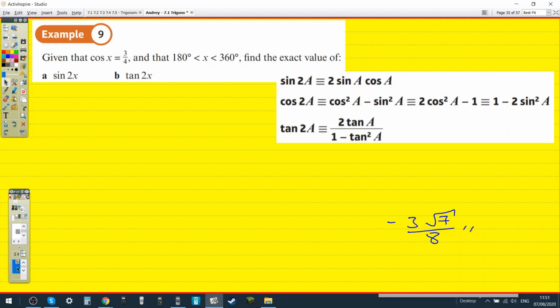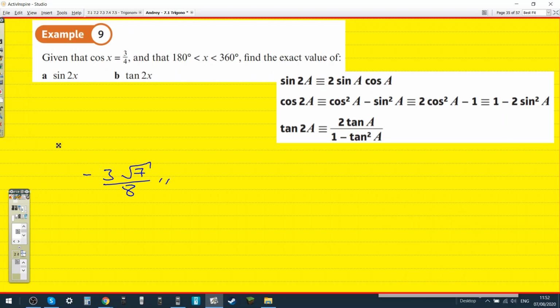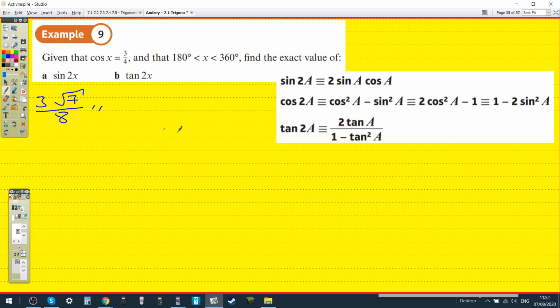No, didn't get lucky. It's actually crazy enough to work, but it's totally not what you're supposed to do. Sine 2x. So this was our sine 2x answer. Okay, tan 2x.